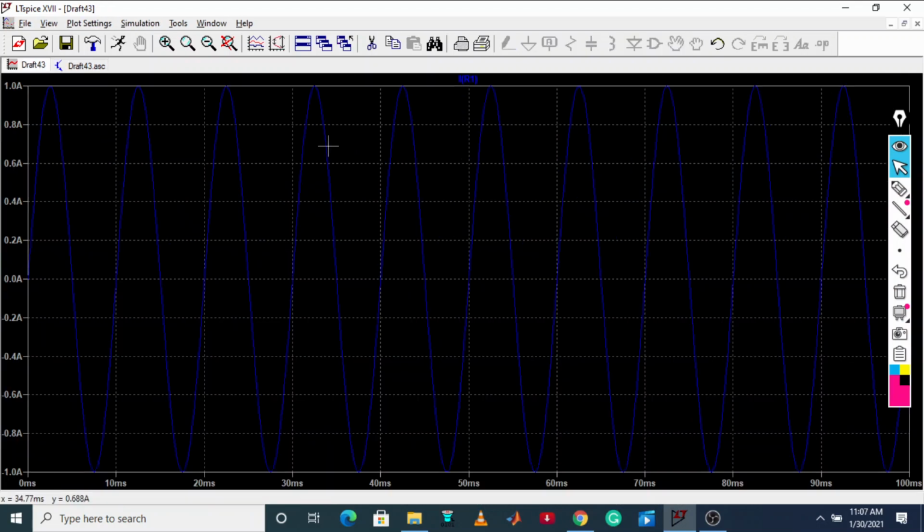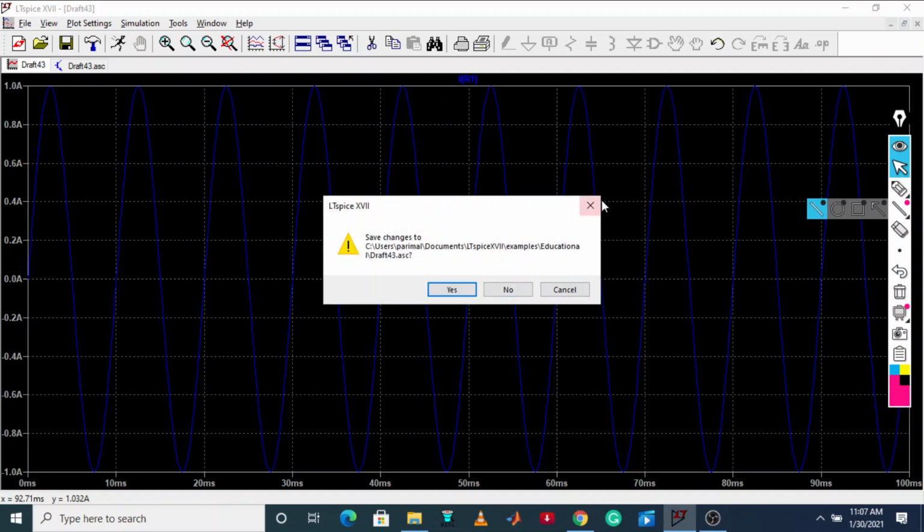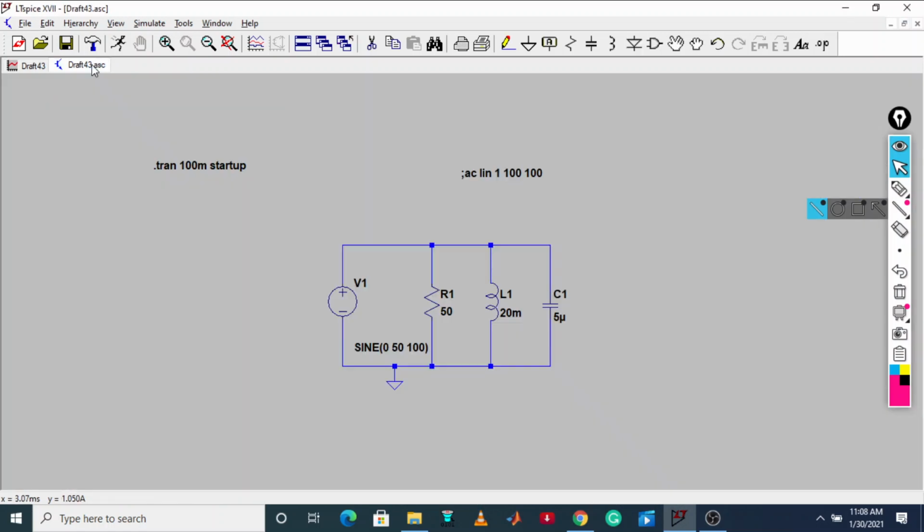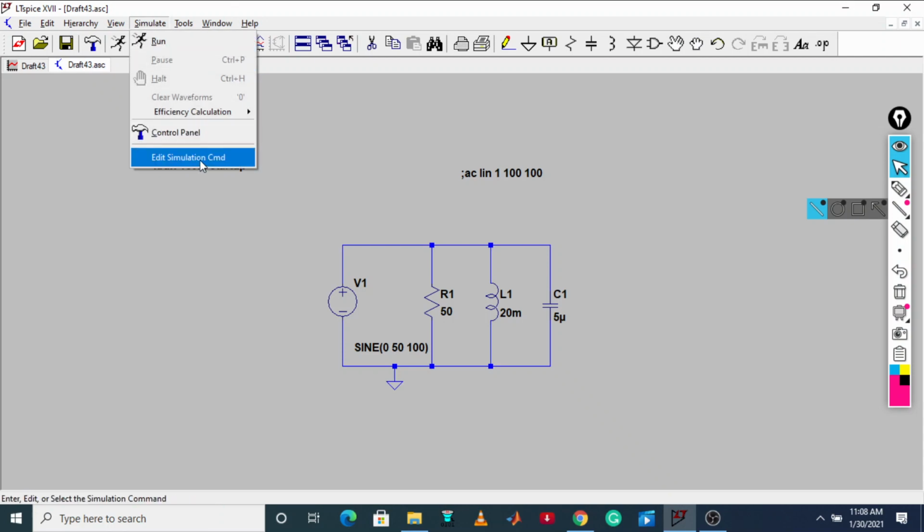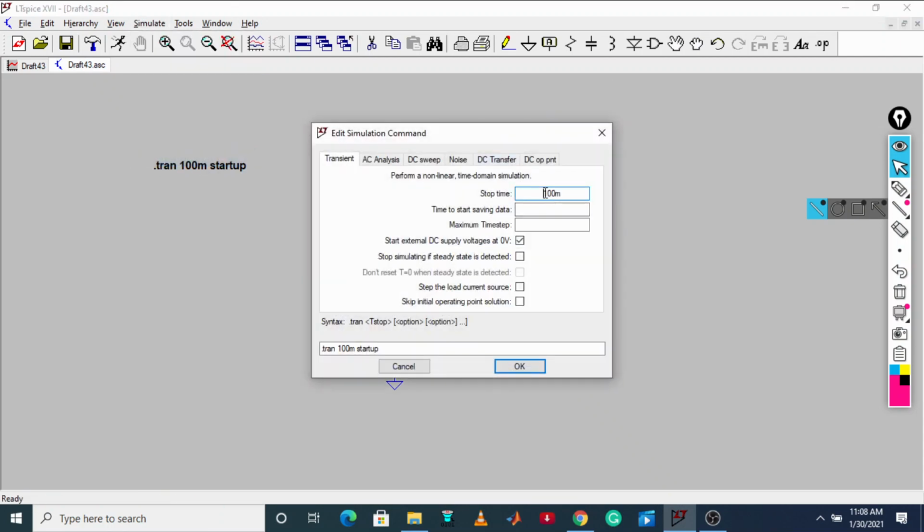Now it is calculated from maximum to maximum, 1 to -1 means total it is 2. Now let us simulate with a lower value. Simulate with 50 milliseconds so that we can see it very easily.